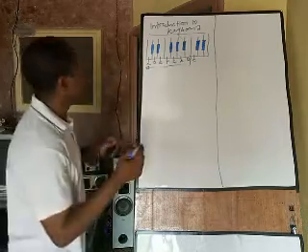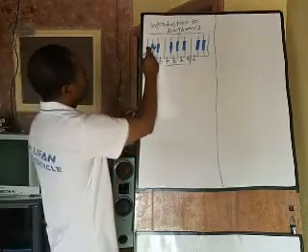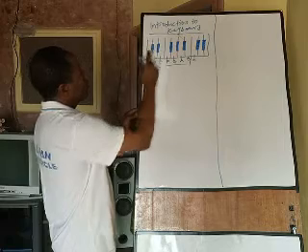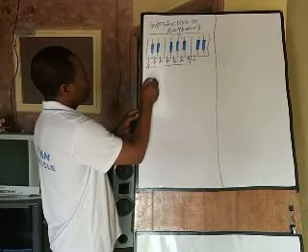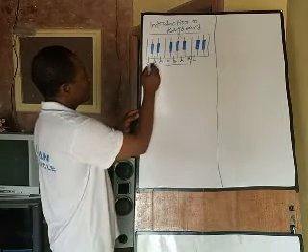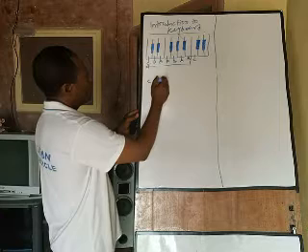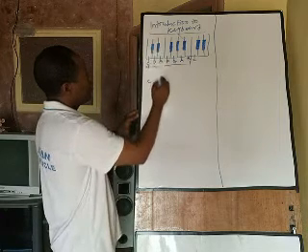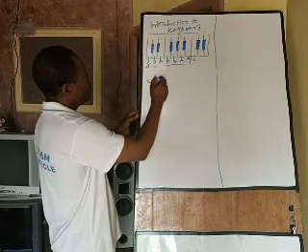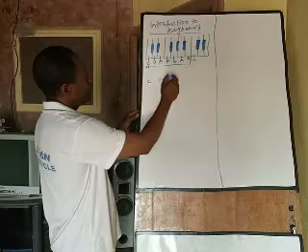Half step. Look at it. You see that from C, we have this black to D.